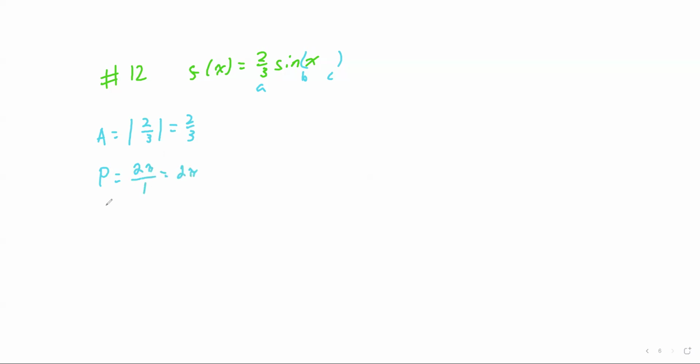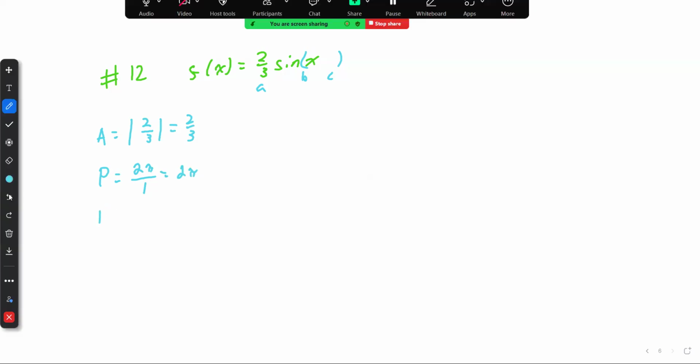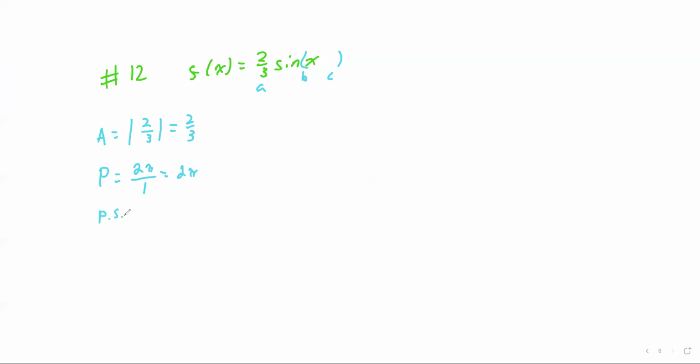So that's just 2 pi. And then my phase shift, I'm just going to write it as PS, is 0 divided by 1, because there's no C. So that's 0, and so there's no phase shift.